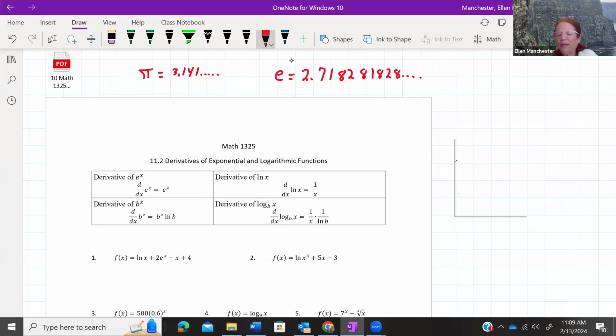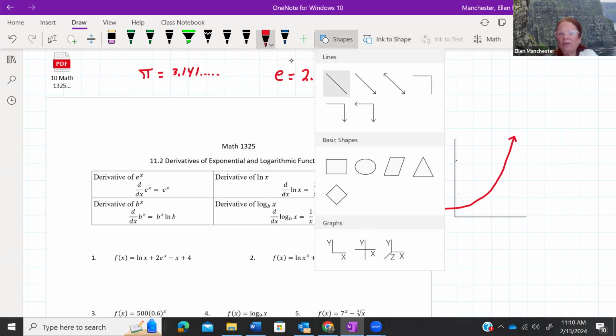So if you're graphing e to the x, it looks something like this. It's an exponential growth.